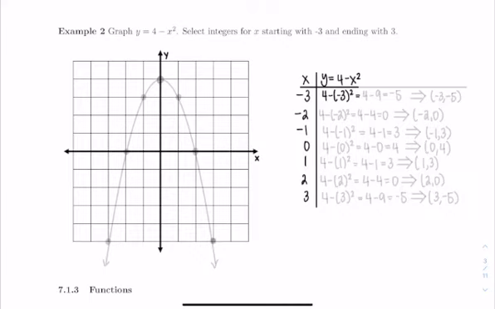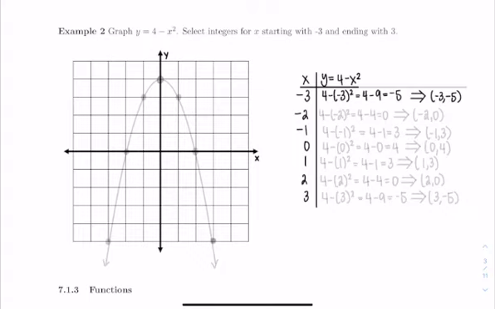Using order of operations, we do our exponent first, and so we end up with 4 minus 9, which is negative 5. And so the ordered pair for this x value is going to be negative 3, comma, negative 5.